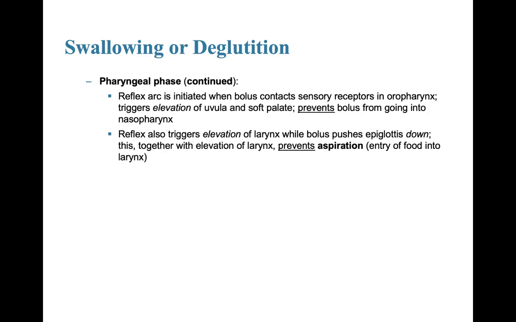The reflex also triggers the elevation of the larynx while the bolus pushes the epiglottis down. This, together with the elevation of the larynx, prevents aspiration, where food can enter into the larynx, or worse yet, into the trachea.